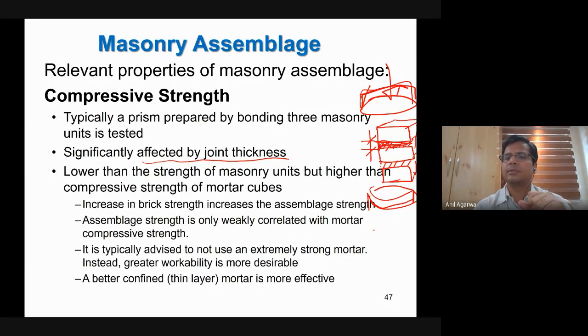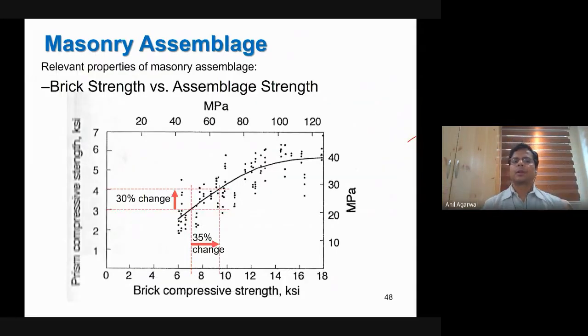Because of this confinement between the bricks, the mortar layer actually gains strength. And that strength is still governing the strength of the assembly, but that is much higher than the original strength of mortar that you have tested in the lab conditions.